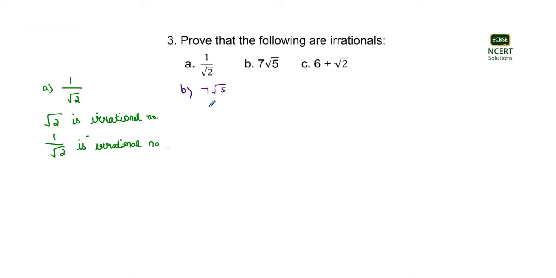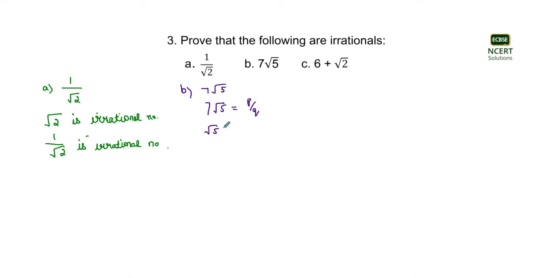But if we want to do it by following some steps, we can prove it using the contradiction method. First we assume that 7 root 5 is a rational number, which means it can be expressed in the form p by q, where p and q are integers and co-prime, meaning the HCF of p and q is equal to 1.